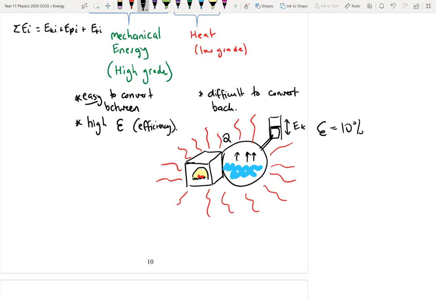What they try and do with the KERS, the kinetic energy reclaiming system, I think, is take some of that and convert it into a battery. It stores that energy as electrical potential. They say when they're using the KERS system in Formula One, you can get a boost of 100 horsepower for about 3 seconds or something.